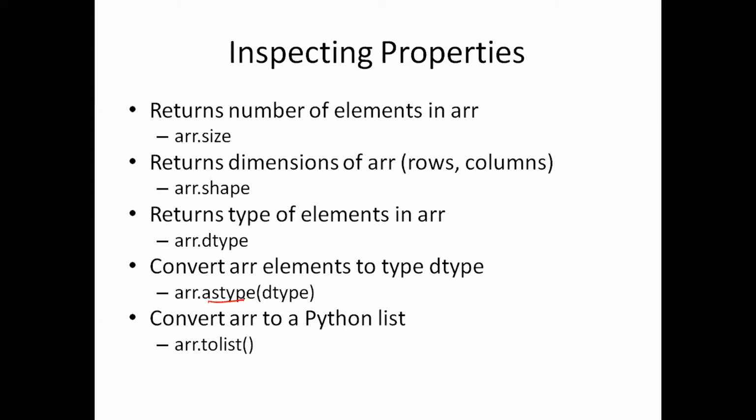In case I have created an array of int32, but I decide to use int16, then I can always convert the given array to an int16 array using astype. And tolist is a method using which I can convert a NumPy array to a Python list.